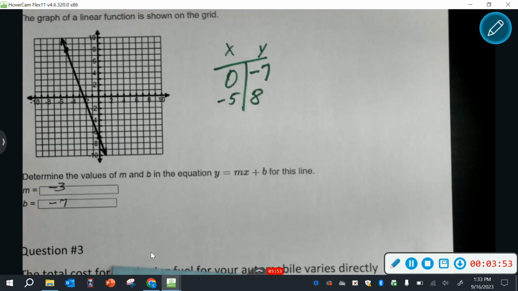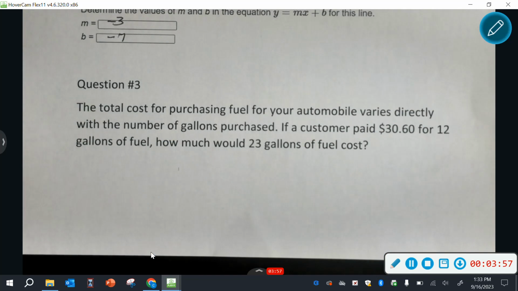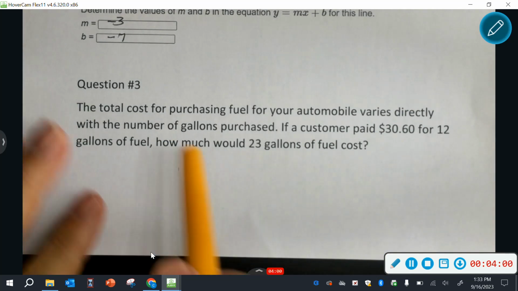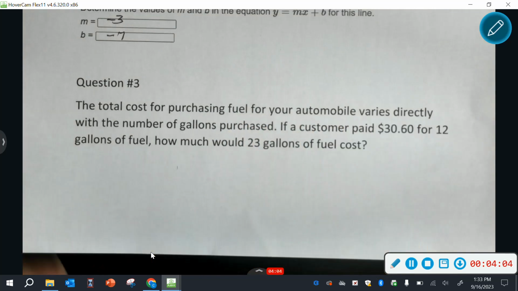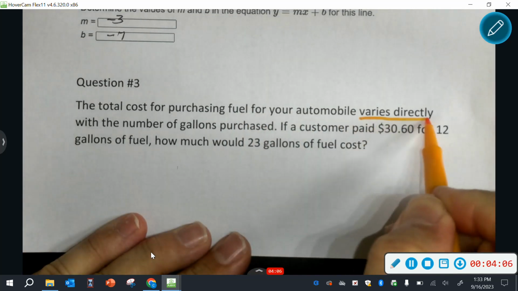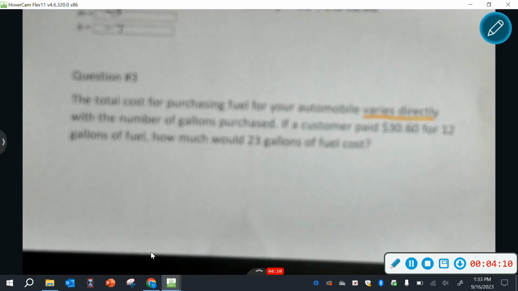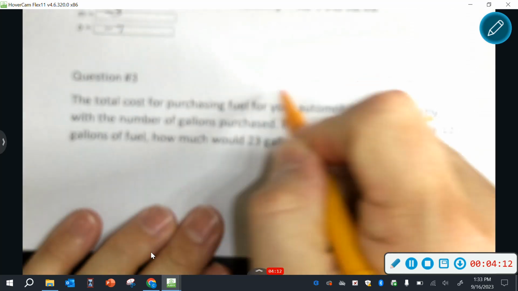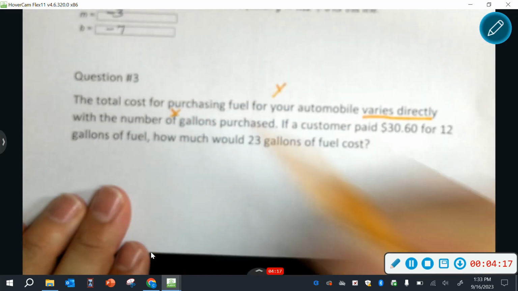Okay, so let's look at question 3. Here is question 3. So the total cost for purchasing fuel for your automobile varies directly with the number of gallons purchased. So notice, remember, it's y varies directly with x.